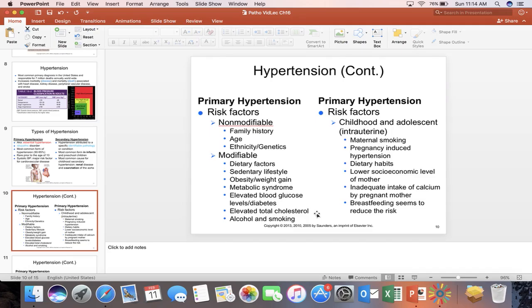The primary hypertension risk factor for childhood and adolescence is intrauterine, when the mother is smoking while carrying the child. Other factors are pregnancy-induced hypertension, dietary habit, low socioeconomic level of the mother, and inadequate intake of calcium by the pregnant mother. Breastfeeding also seems to reduce these risks.